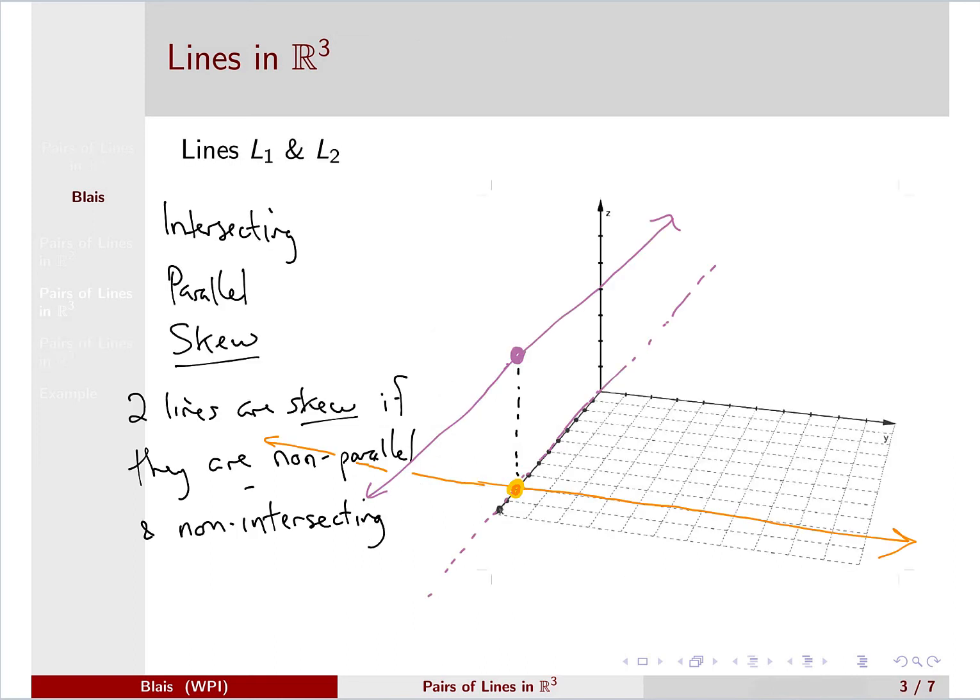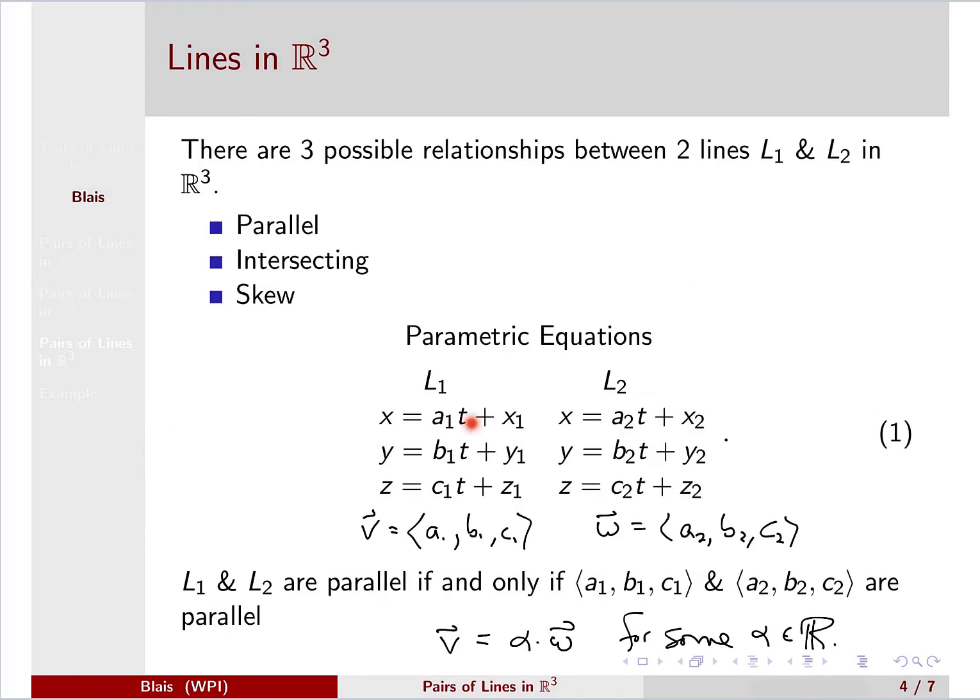We think of parametric equations for a line as t specifying time. And as you run the clock, this equation gives you the x coordinate of a particle moving along the line. This equation gives you the y coordinate, and this equation gives you the z coordinate at time t.